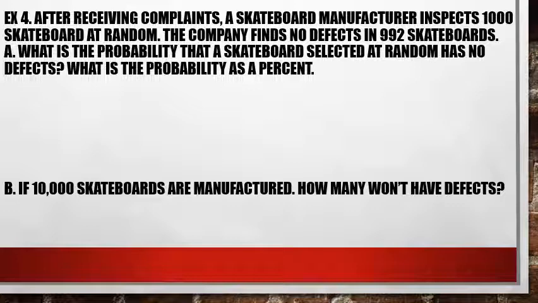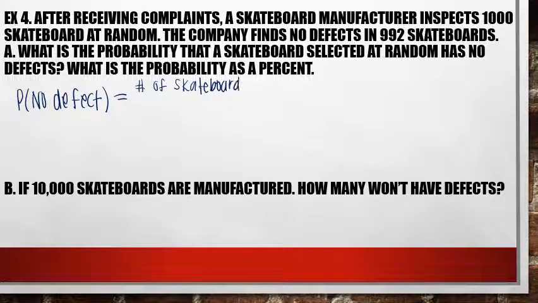Alright, so we're going to go ahead and find the probability of no defects. And so we want the number of skateboards with no defects over the total that was taken in this inspection.